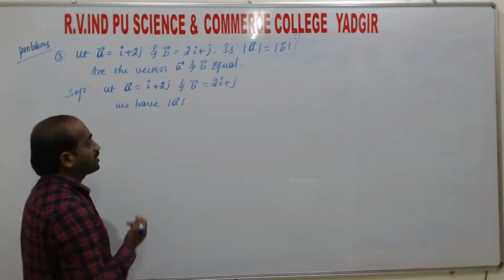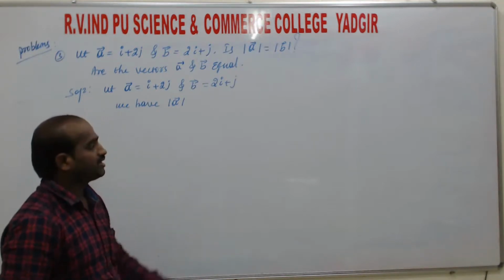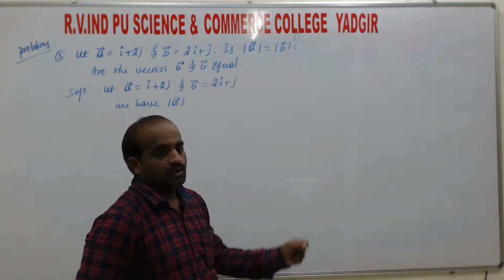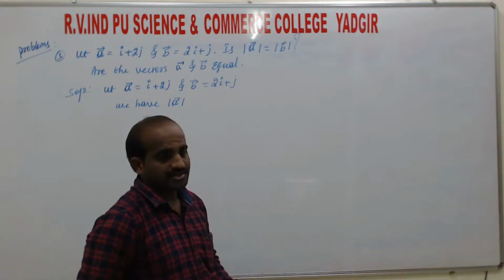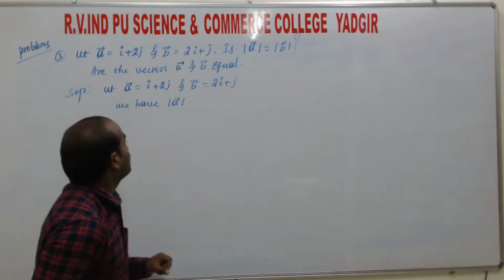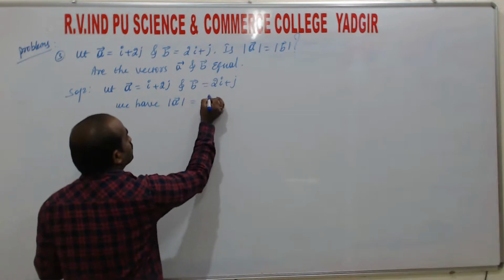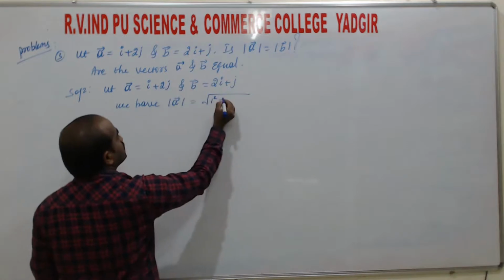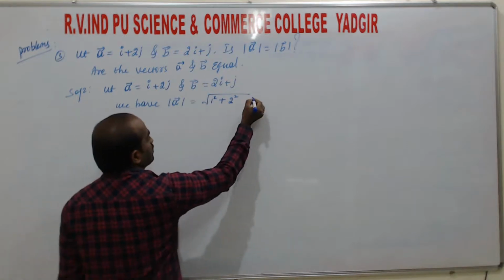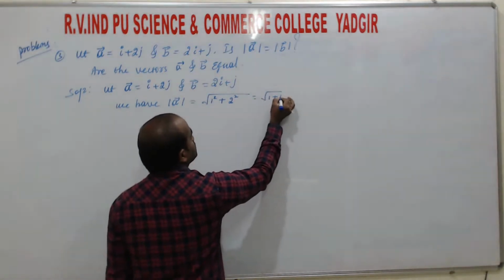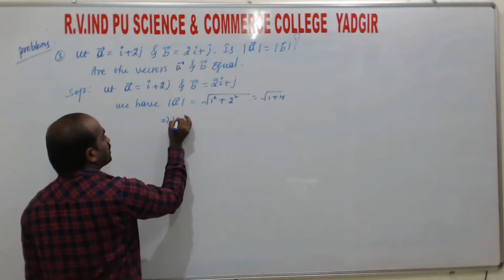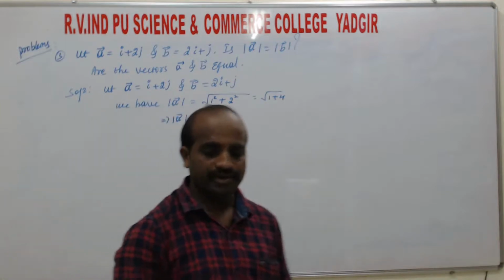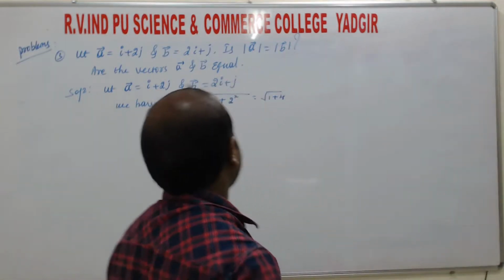Then OP vector is xi plus yj plus zk, and the magnitude of OP vector is root of x square plus y square plus z square. Now root of 1 square plus 2 square, that is 1 plus 4. Magnitude of a vector is root 5.